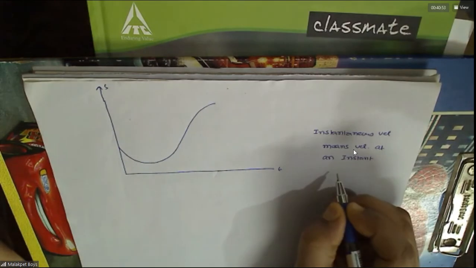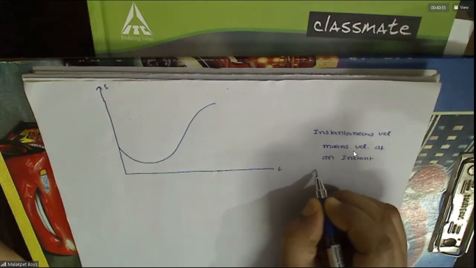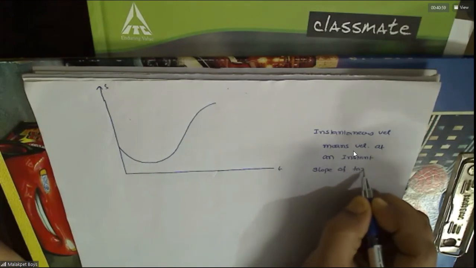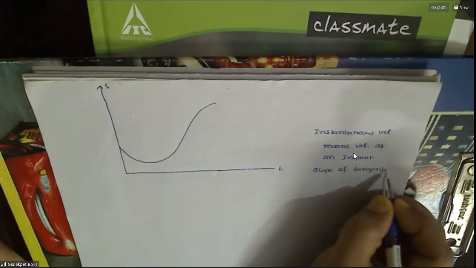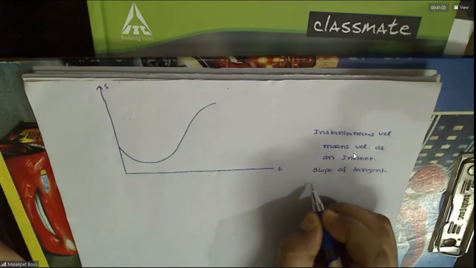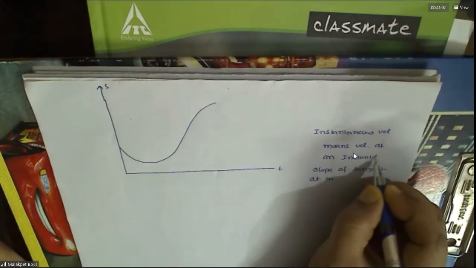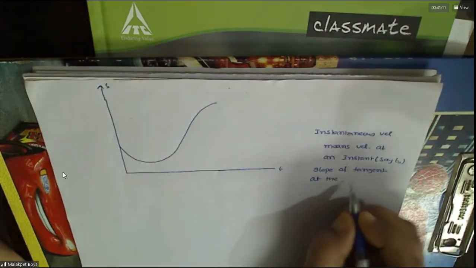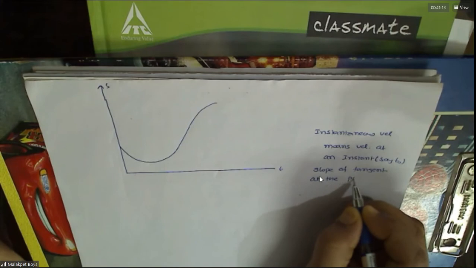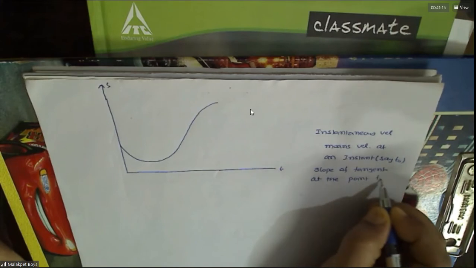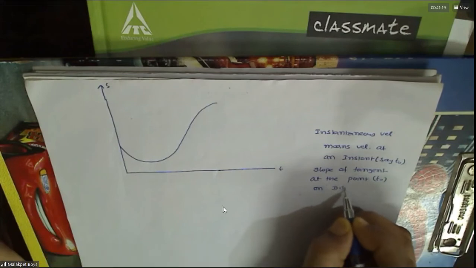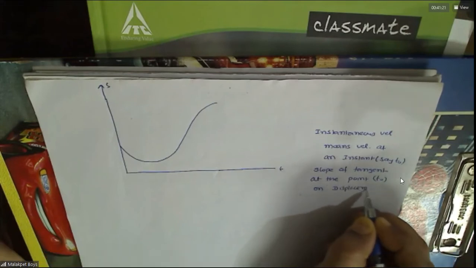That is given by the slope of the tangent, say at some time t naught, on the displacement graph. Remember this?